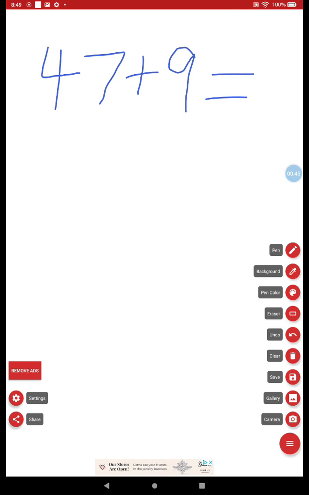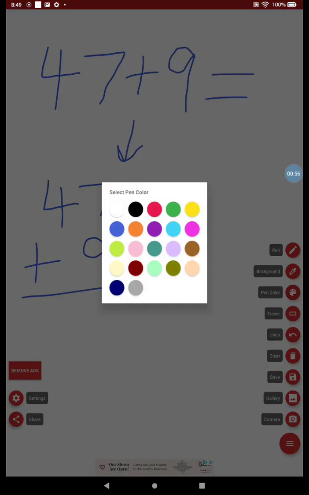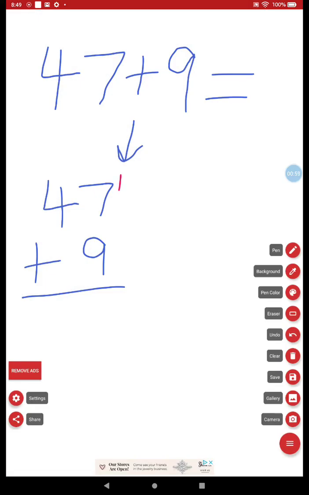And like what we practiced a couple weeks ago, you're used to rewriting it to look like this: 47 plus 9. And you see that when we do that, we are lining up on the right-hand side. And you're used to then crunching the numbers. But when we work with decimals, we're not necessarily lining up on the right-hand side, okay? I'm going to show you what we need to do for decimals.